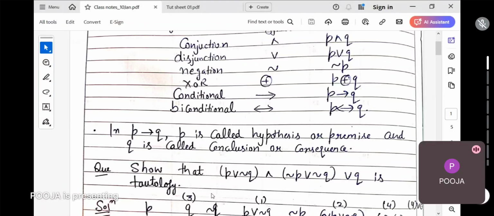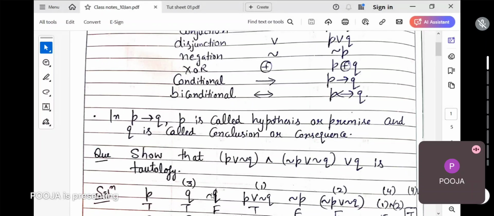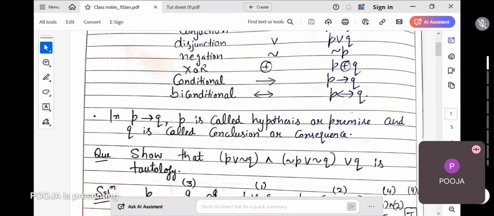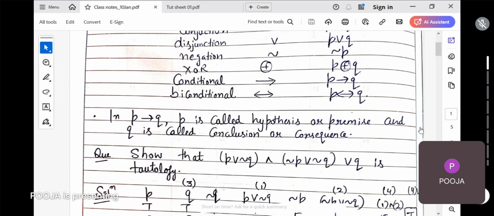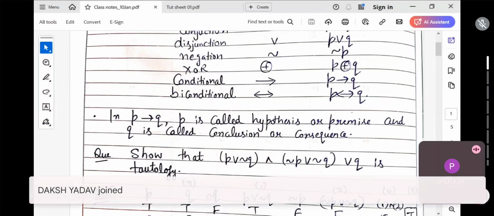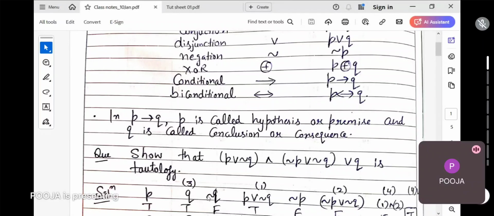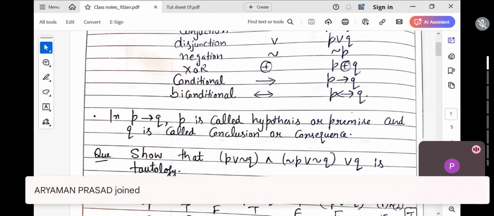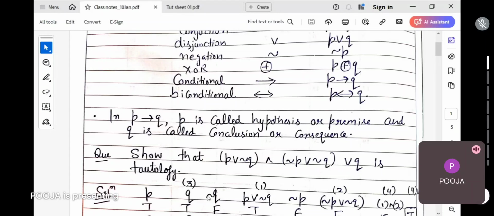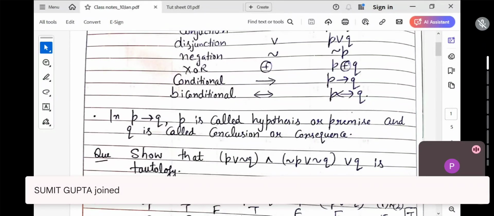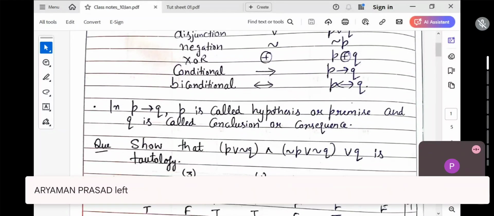P is the premise or the hypothesis, and Q is the conclusion or the consequence that we obtain from the hypothesis P. We have studied how we can obtain the truth values: if P is true and Q is false, only in that case it will be false. Otherwise, all the rest of the cases will be true.